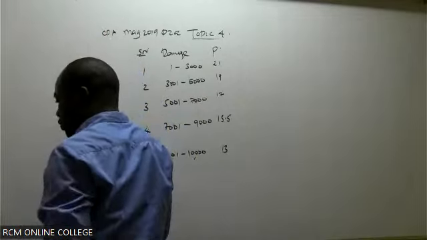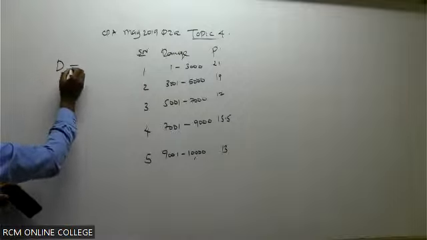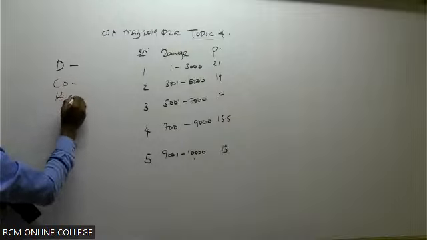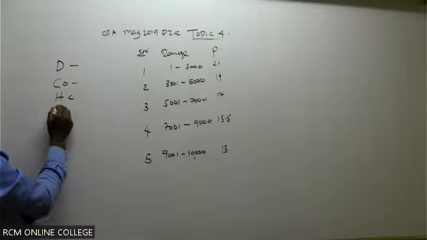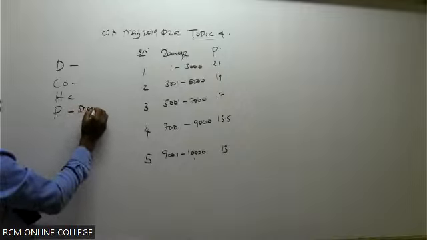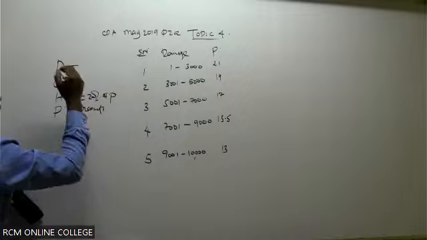I want us to list those items that we've been given. Do we have demand? Do we have ordering cost? Do we have holding cost? Do we have purchase price? Purchase price here, of course, has discounts, and holding cost is 20% of purchase price.